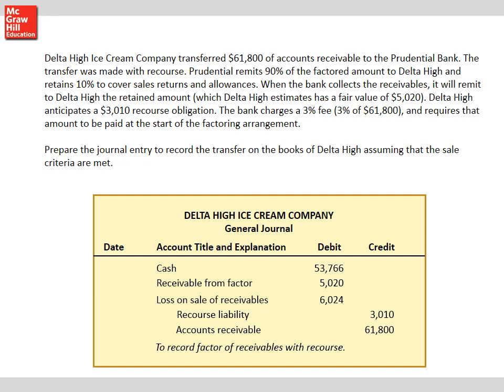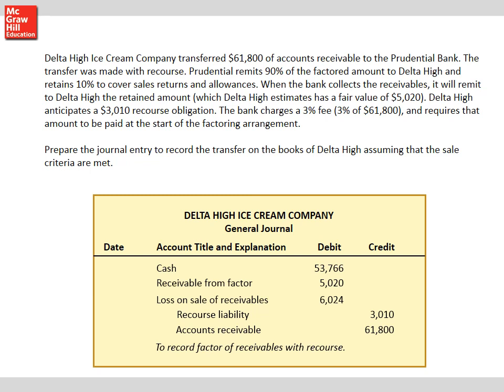So at the beginning, they're only giving them 90%, or $55,620. And if you're going, well, that's not the amount, I know. Why is it different? Because in addition, they take a fee up front of 3%, or $1,854.